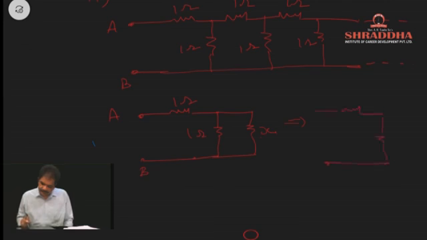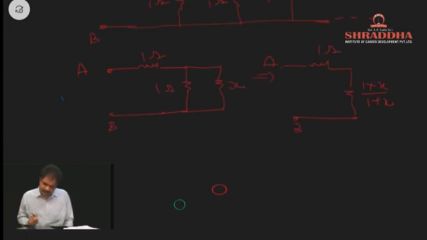So the effective of these two will be 1 into X by 1 plus X. Then R_AB value is 1 plus X by 1 plus X. Here R_AB value is also equal to X, because we are only removing two resistances in an infinite circuit.